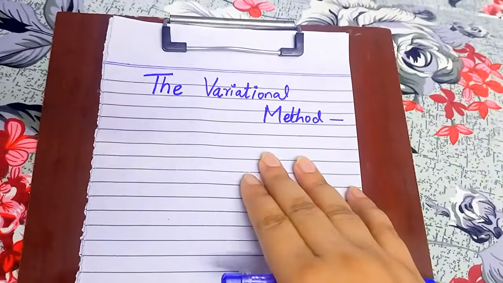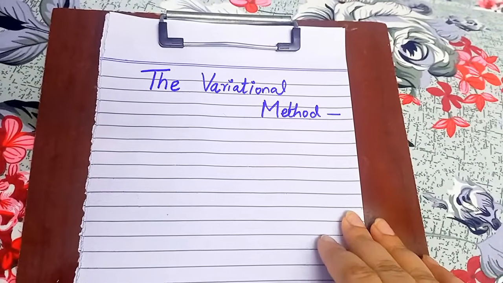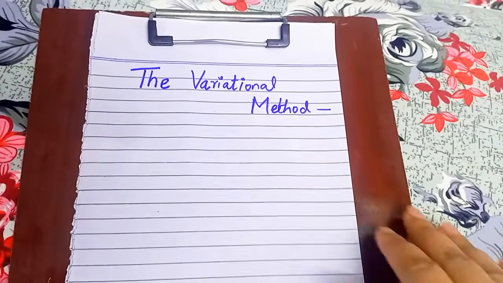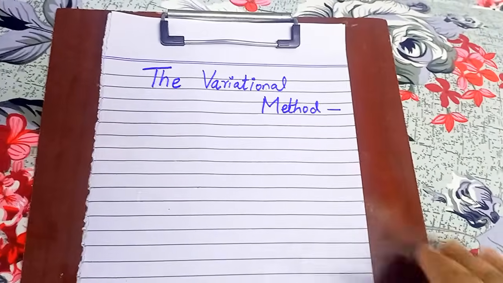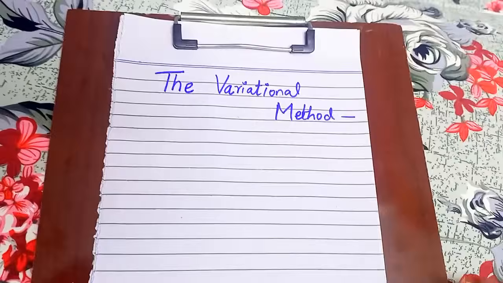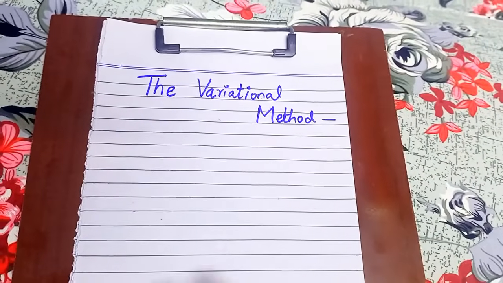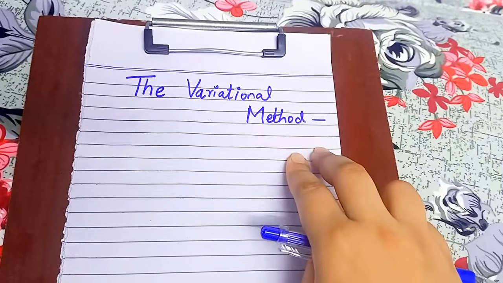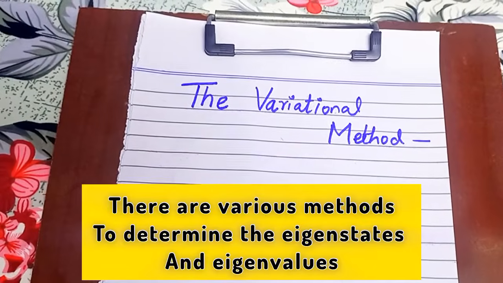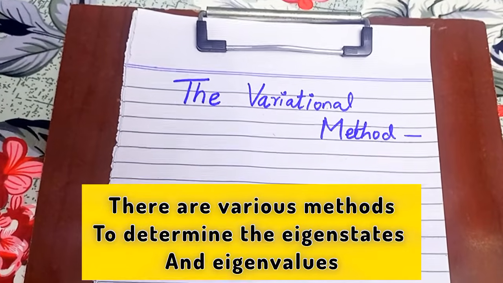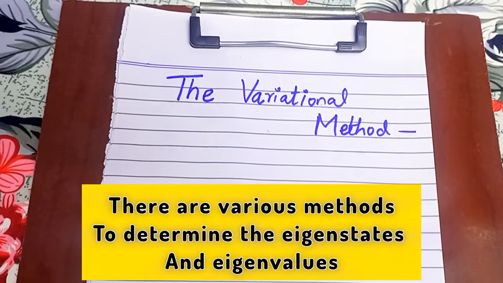For example, the wave function of a hydrogen atom and the eigenenergies associated with it: the ground state, the first excited state, the second excited state, all of these are determined using this method.